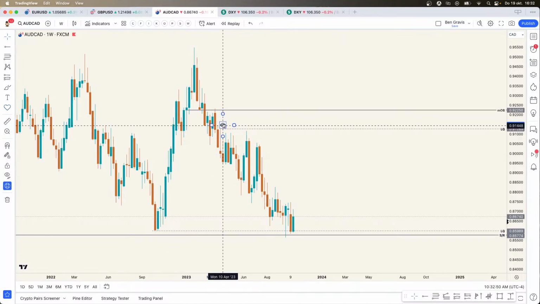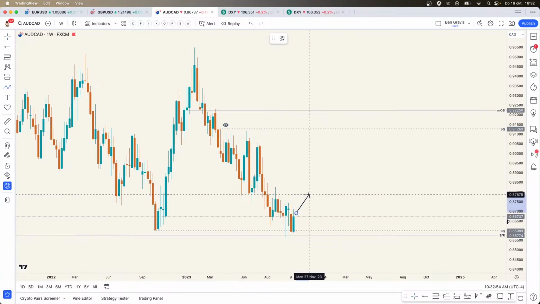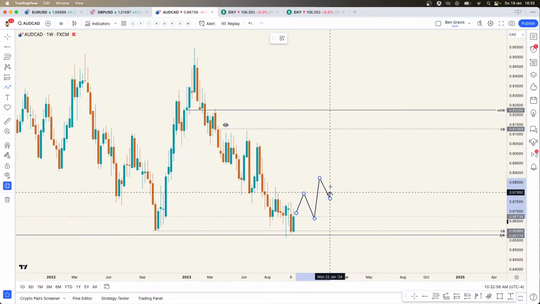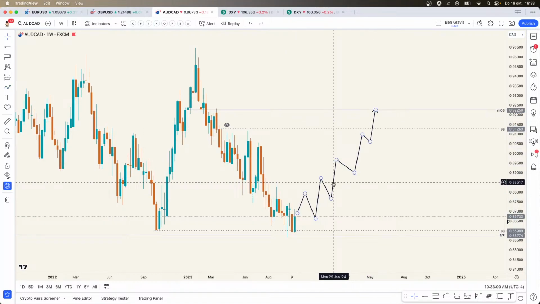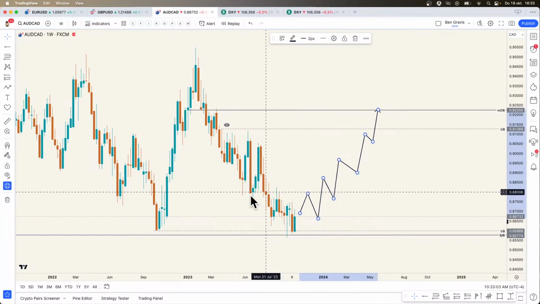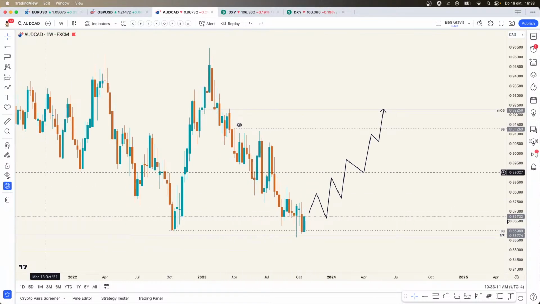So on the weekly, we could seek longs as it will be moving towards this zone. So that would mean that you are in sync with the market if you know where it's headed.